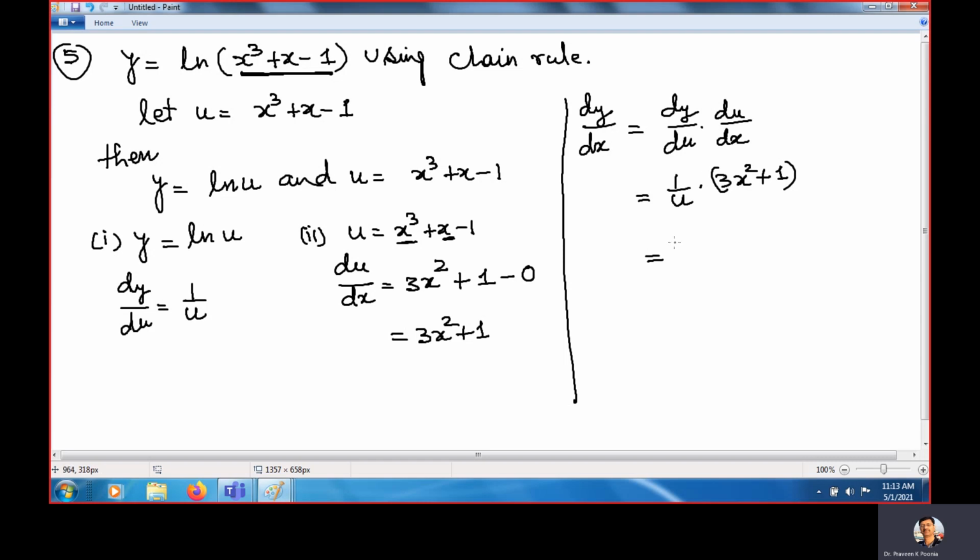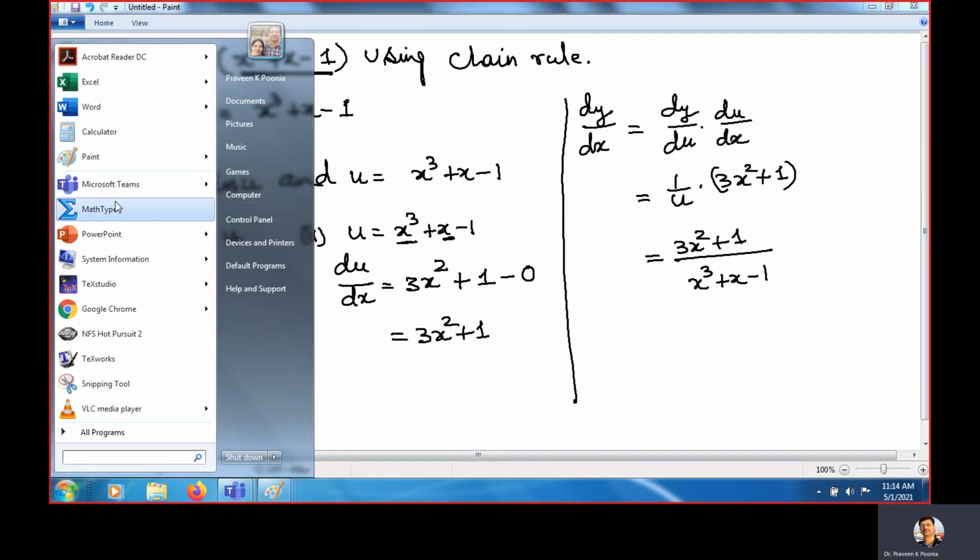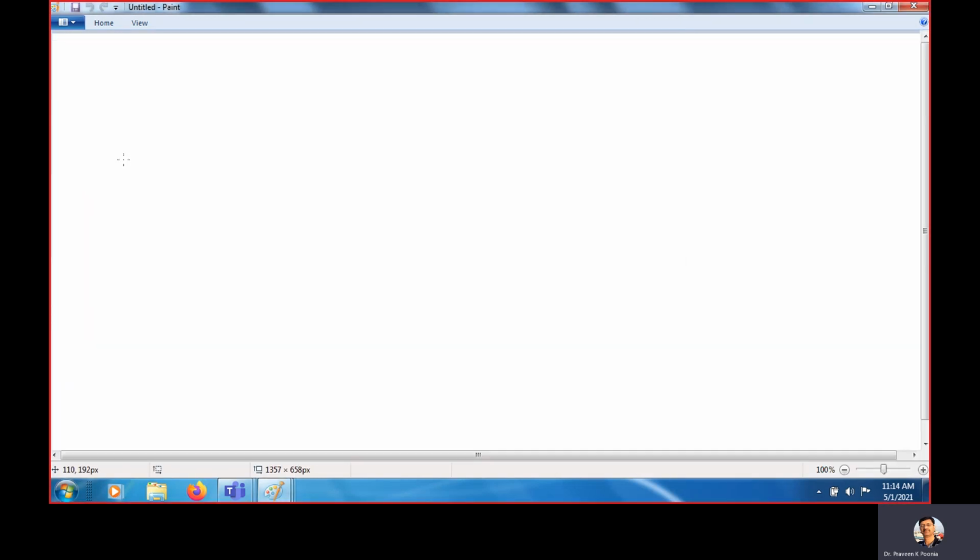But you need to put the value of u, in the denominator u is x power 3 plus x minus 1. This is the answer. It is 3x square plus 1 upon u. Put the value of u, so the answer should be in terms of x. So all these questions are very, very good questions. Only you need to practice these questions.